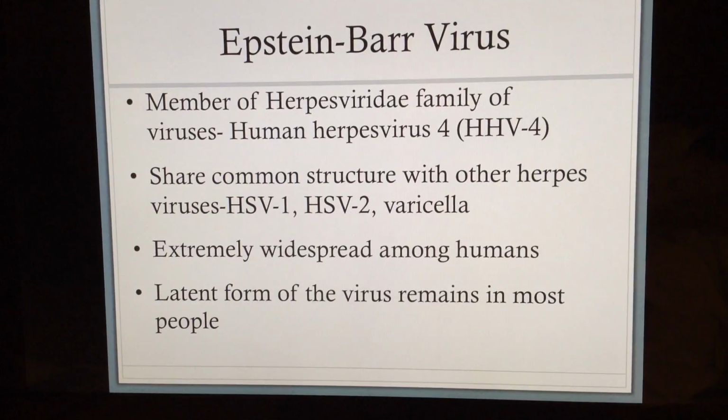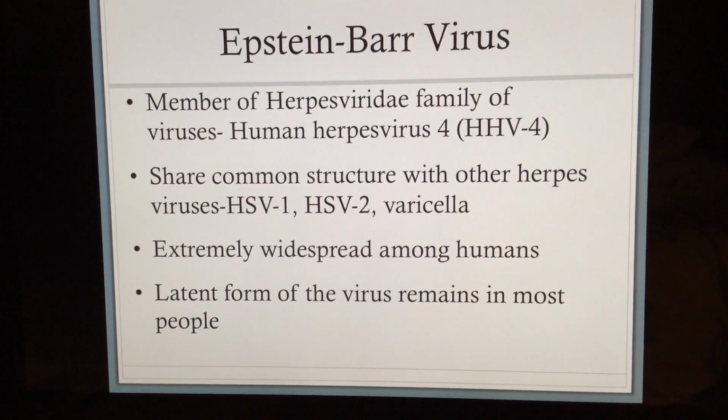The Epstein-Barr virus is a member of the herpesviridae family of viruses. It's known as human herpesvirus number 4, or HHV4. It's one of the 8 known viruses in the herpes family.